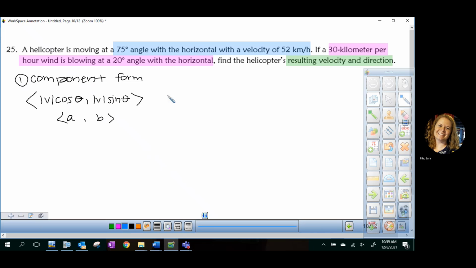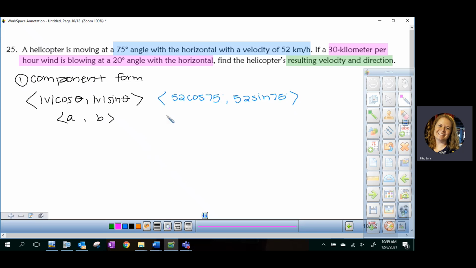So for the first vector, that would be 52 times cosine of 75 and 52 times sine of 75. For the second vector, that would be 30 cosine of 20 and 30 sine of 20.